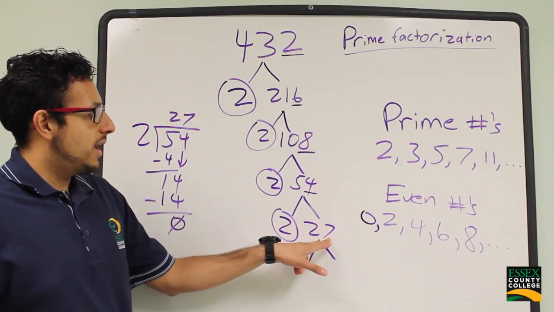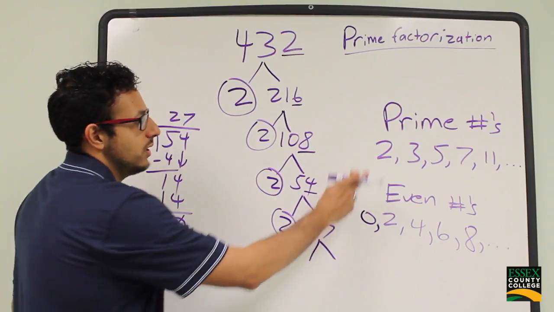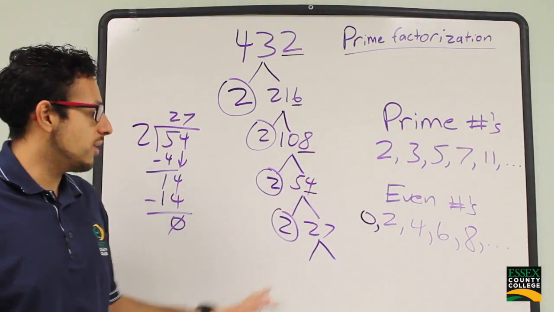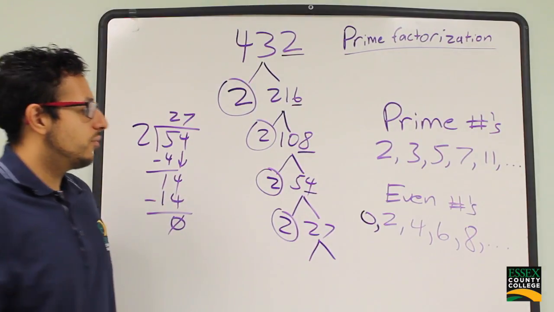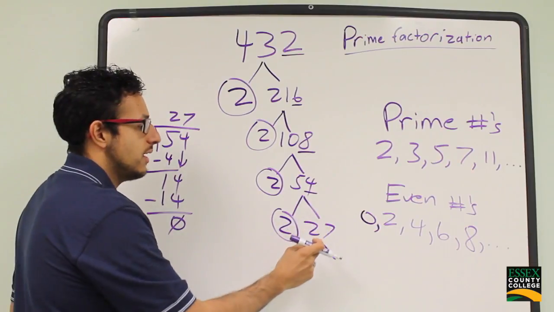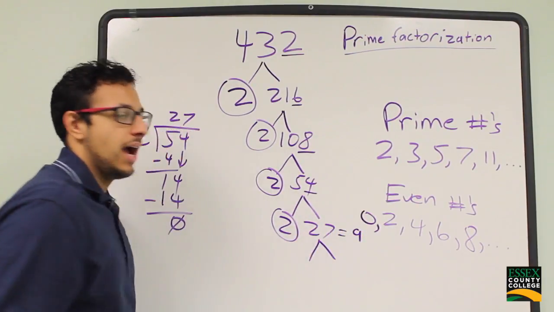27 ends in 7, which is not an even number, so 2 is not going to be one of the factors. We can move on to another prime number, 3. To know if 3 is a factor of 27, there's a rule: if you add up the digits, 2 and 7, we get 9.